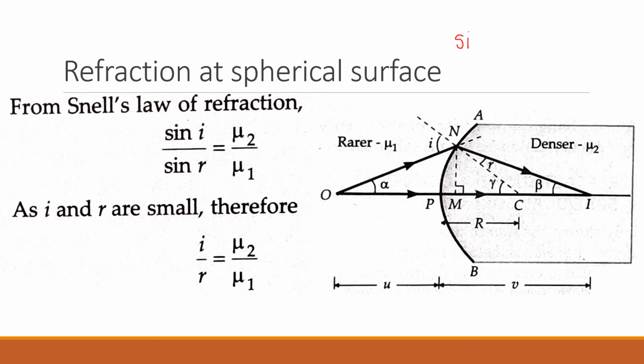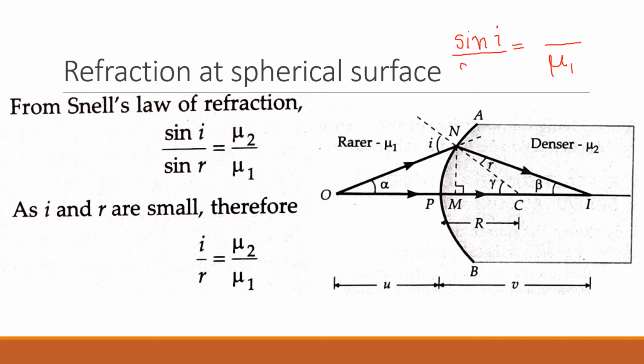According to Snell's law, for the sine of angle of incidence, the angle of incidence is in which medium? Rare medium or denser medium? It is in the rare medium. So you write down the refractive index of that respective medium in the denominator.